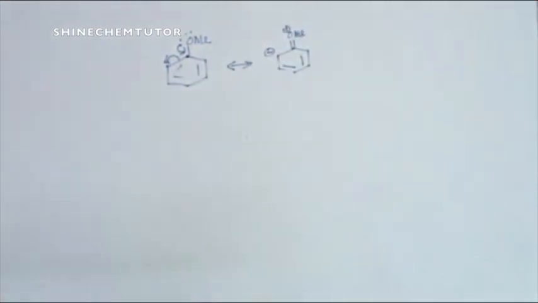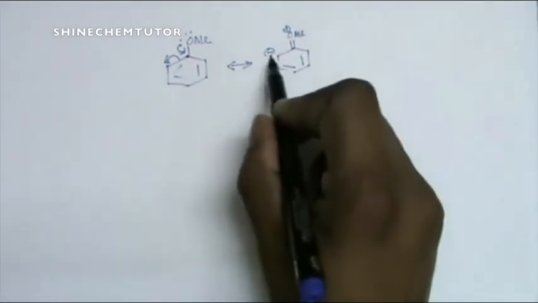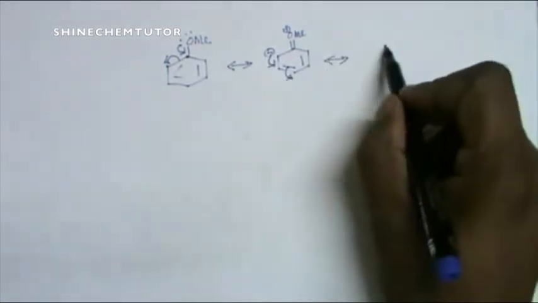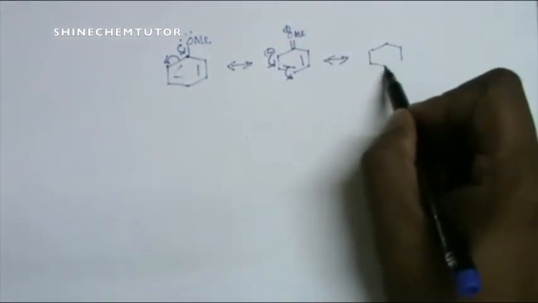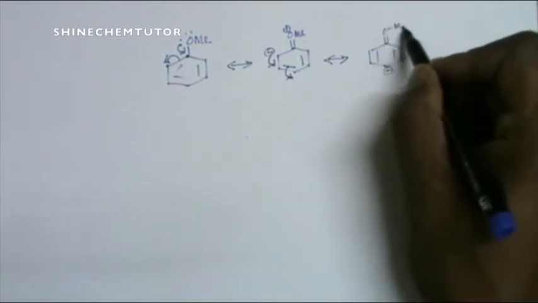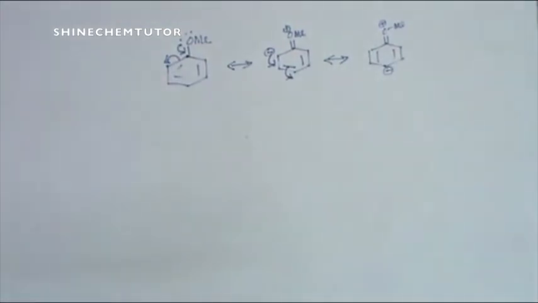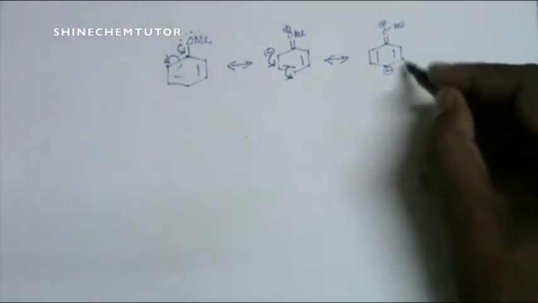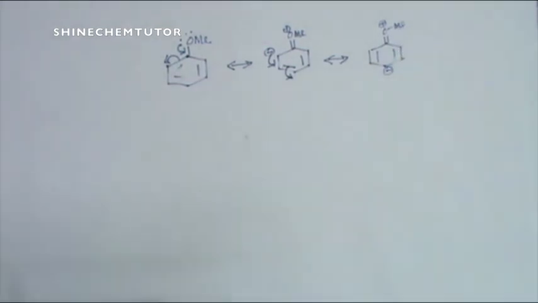We get like this. Further, because of resonance, we may get this resonance structure. So there is more minus charge on ortho carbon and para carbon. Further, if I move, this carbon will be ortho carbon.